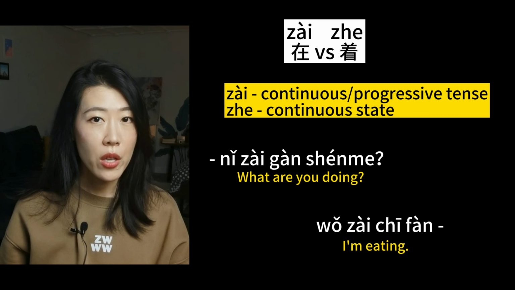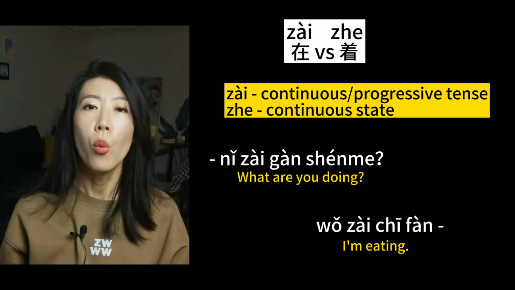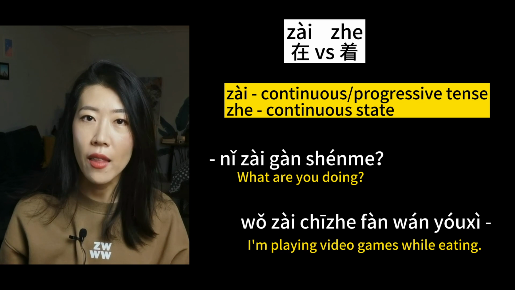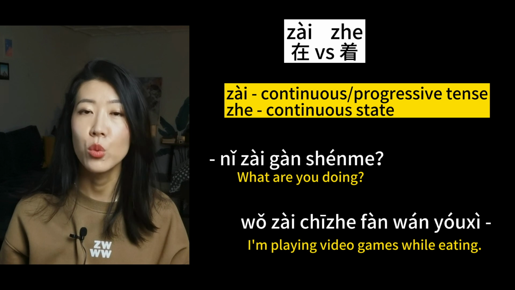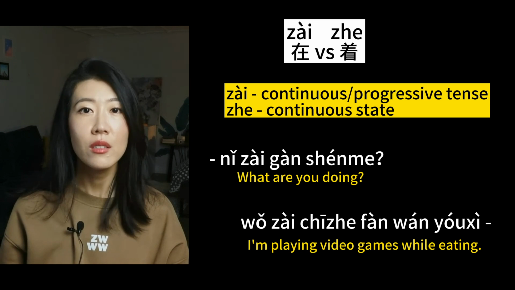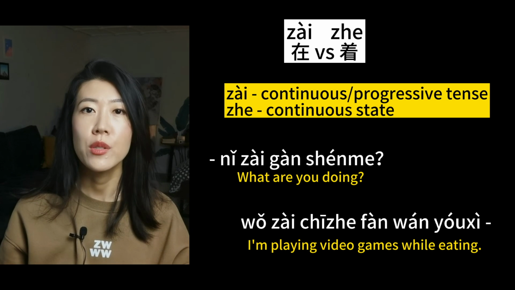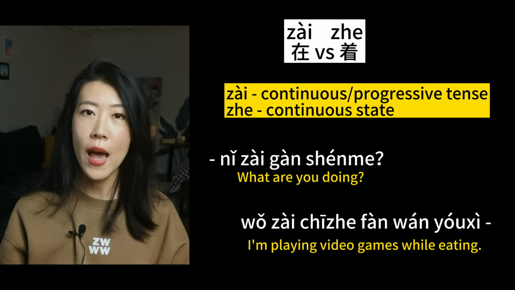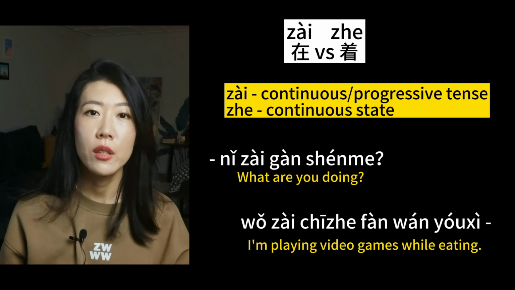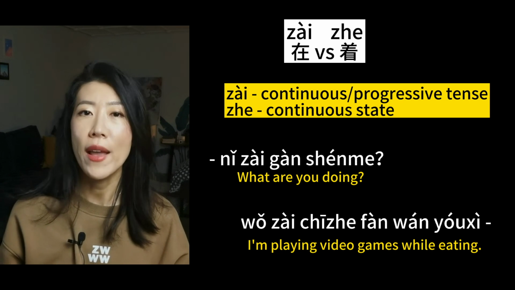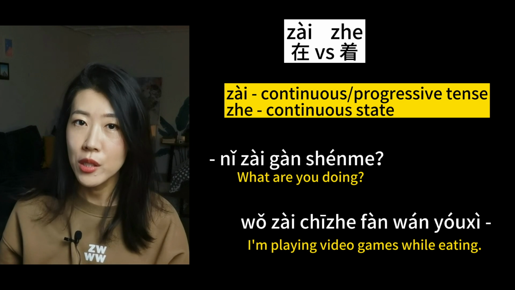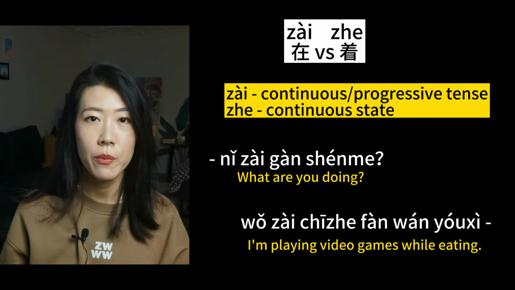But I can answer with 你在干什么？我在吃着饭玩游戏。我在吃着饭玩游戏。I still use the 在 to make a progressive tense. And also I use 吃着饭 to describe my state. The dominant action is 玩游戏。我玩游戏。I play video games while eating.